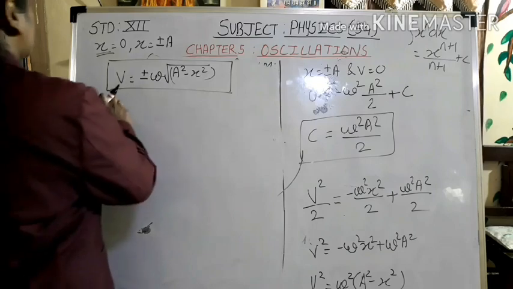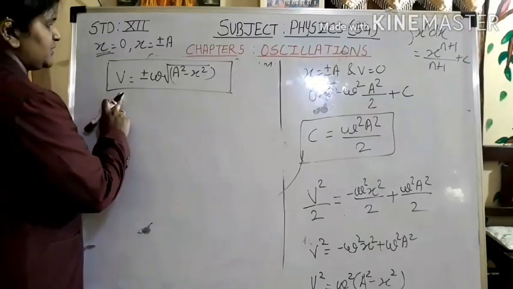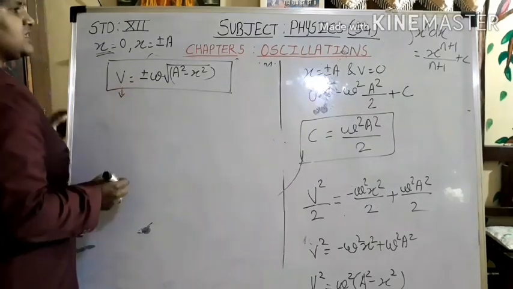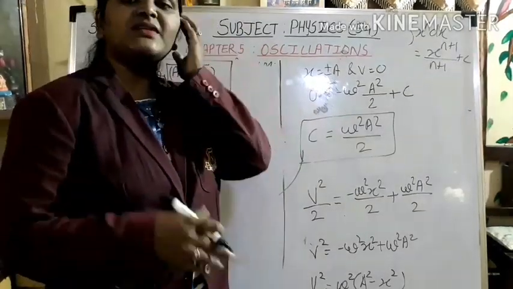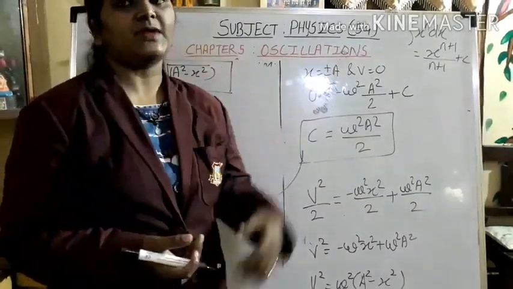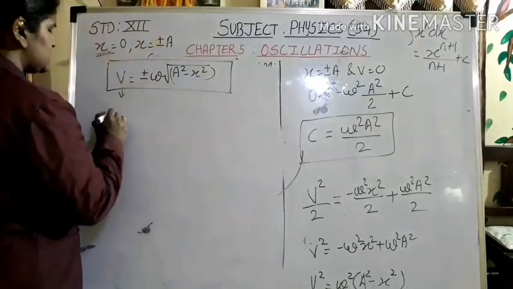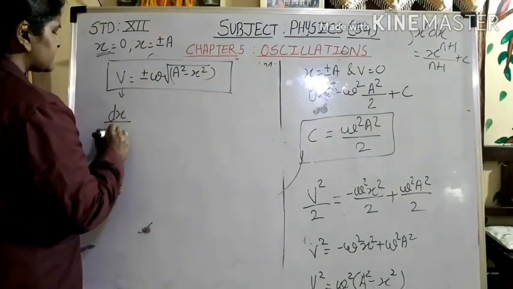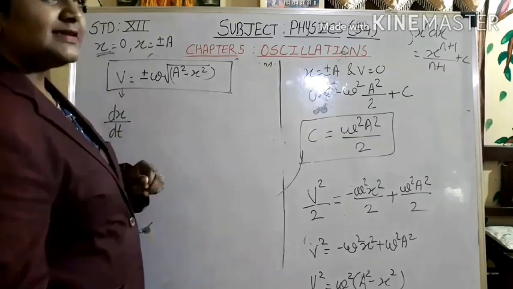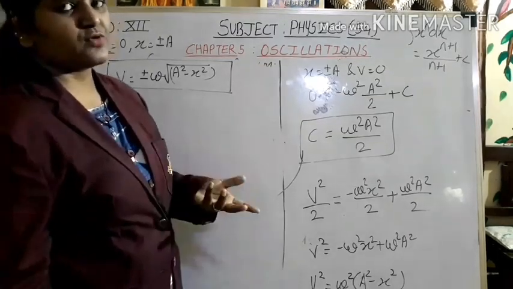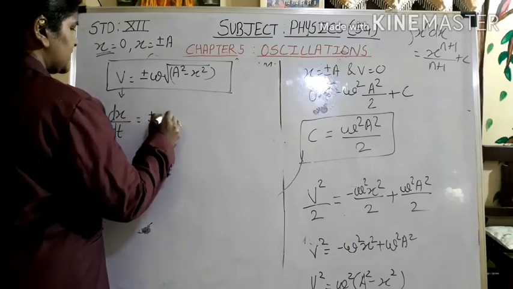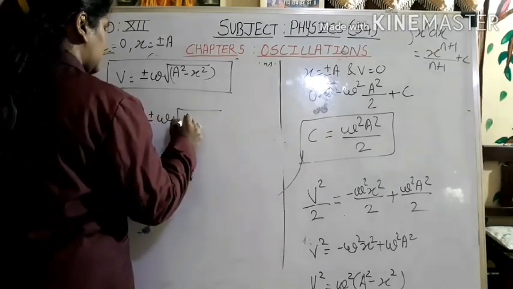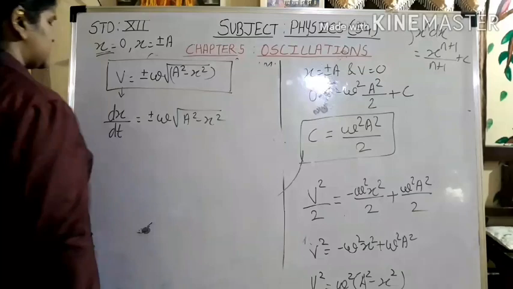Now, by using the same equation, I will again substitute the value for v. What is v? V is nothing but change in displacement upon time. So I can write this as dx by dt. Can I write this? Of course I can. So this is dx by dt equals plus minus omega under root a square minus x square.